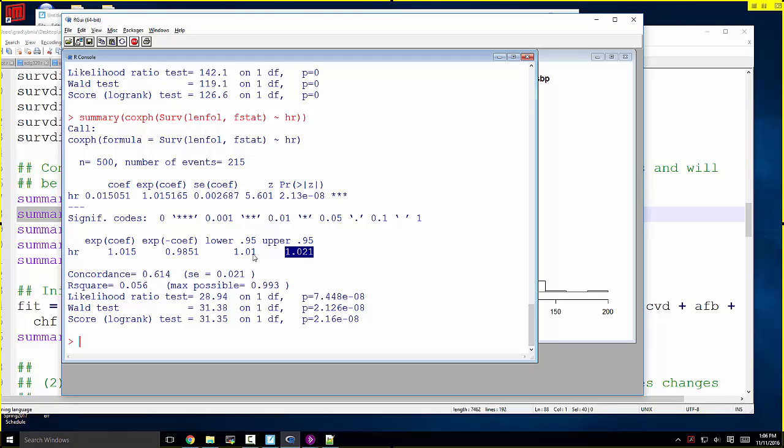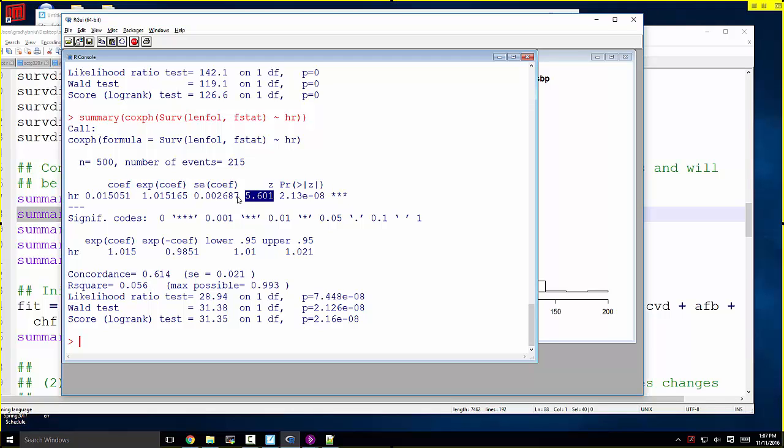1/100th of a unit, a 1% increase in hazard, essentially, on the lower end. But apparently it was enough. The Z statistic, the Wald statistic, estimate divided by standard error, is enormous. Well, not enormous, but it's quite big.